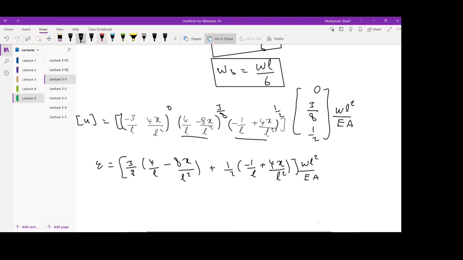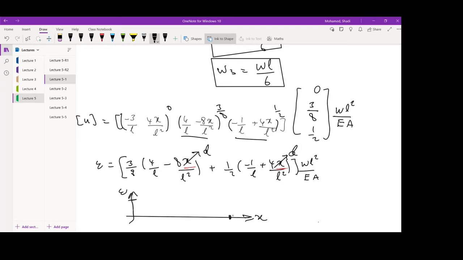If you look at this expression for the strain, you'll see that it is a function of x, and x is the only variable. So if you want to draw the strain, with x on this axis and the strain on this one, you just substitute x by values up to L. For example, start with x equal to 0 and you'll have the value of the strain at this point, then substitute x with L and you'll have the value at the other end.